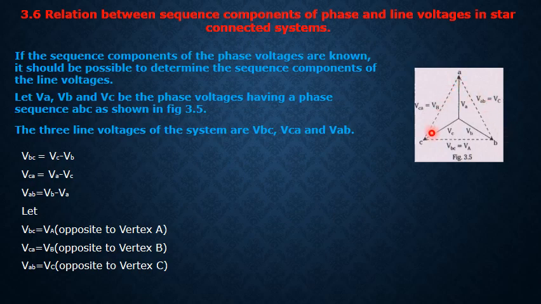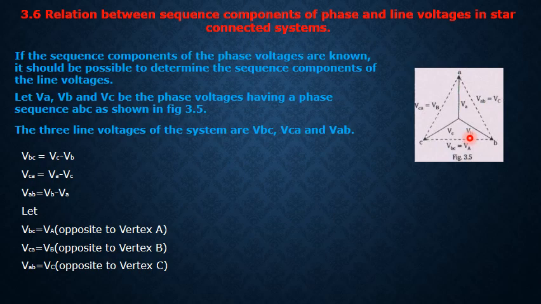We are going to represent these line voltages with the respective notations. According to that, there are three line voltages in this system: VAB, VBC and VCA. The voltage between phases A and B is VAB, the voltage between points A and C is VCA, and the voltage between points C and B is VBC.